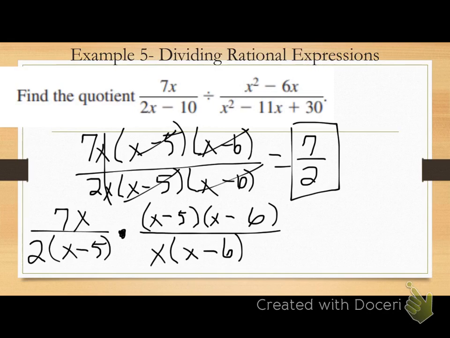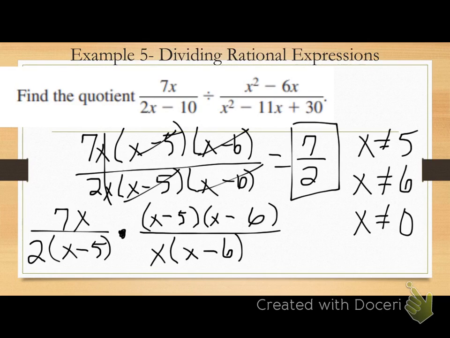But I need to specify what x can not be in this case. x cannot be 5. What else? x cannot be 6. What else? 0.